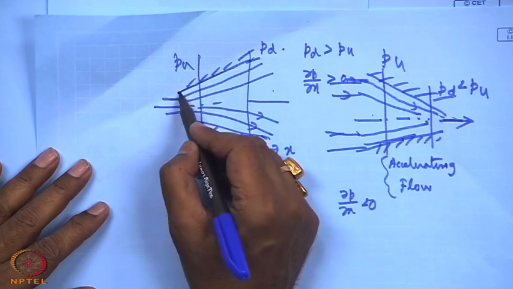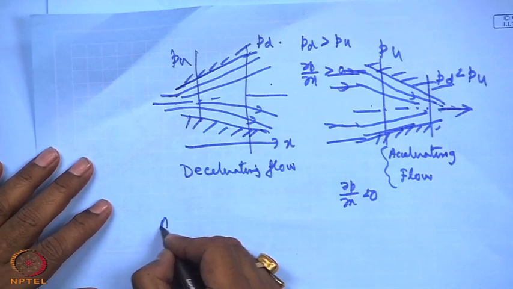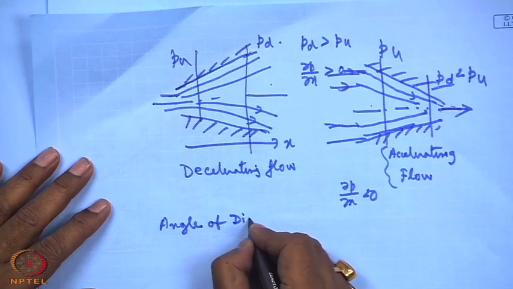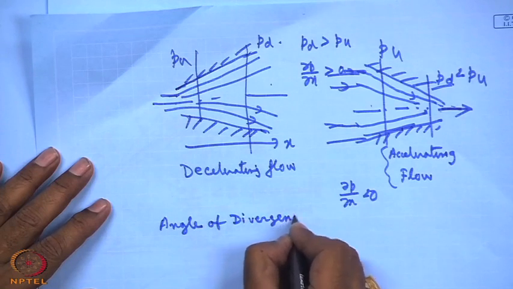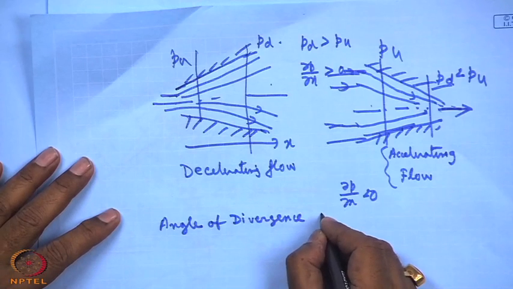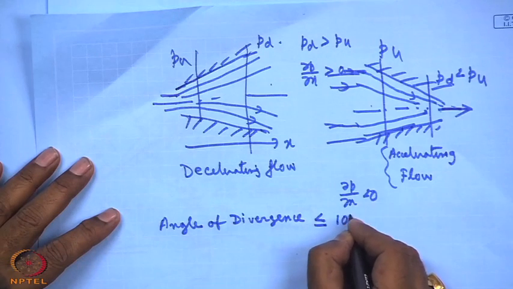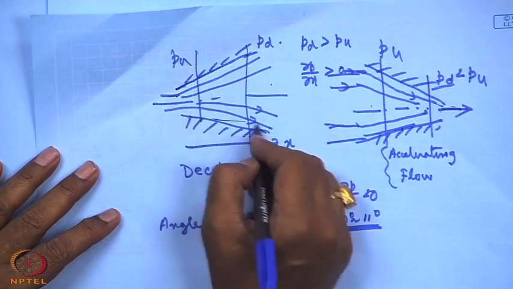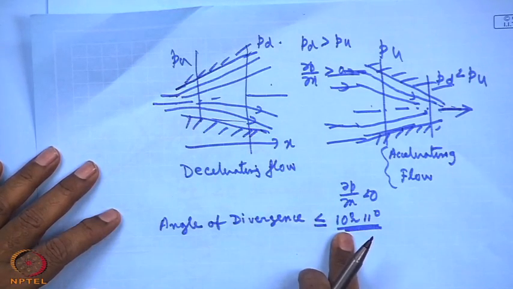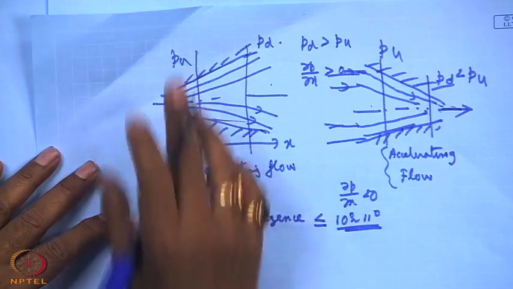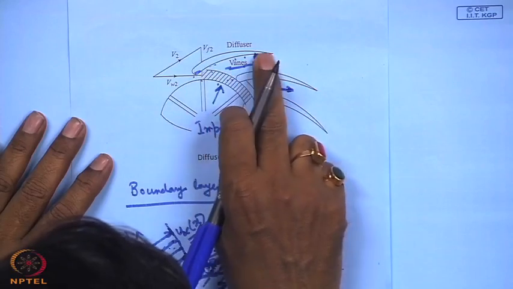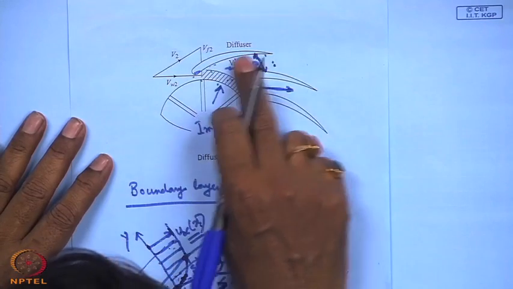So, the angle of divergence is very important in a diffuser duct, and that should be less than or equal to 10 degree, 10 to 11 degree. So, the angle of divergence should not be made more than 10 degree. So, it is restricted for design of any diverging passage. So, therefore, here also the divergence angle should be restricted at each and every point.